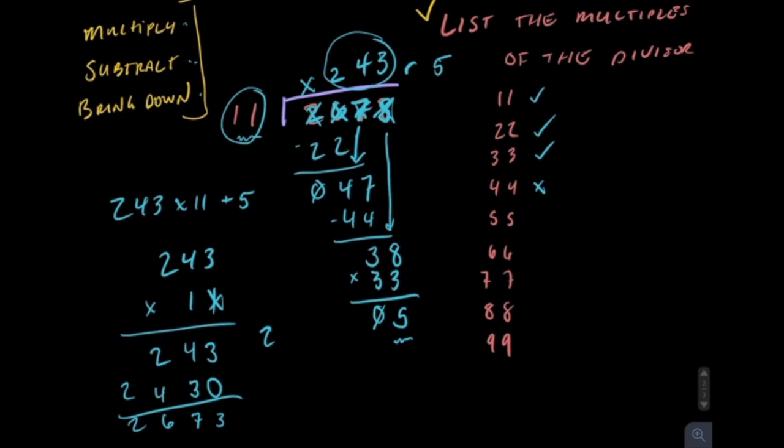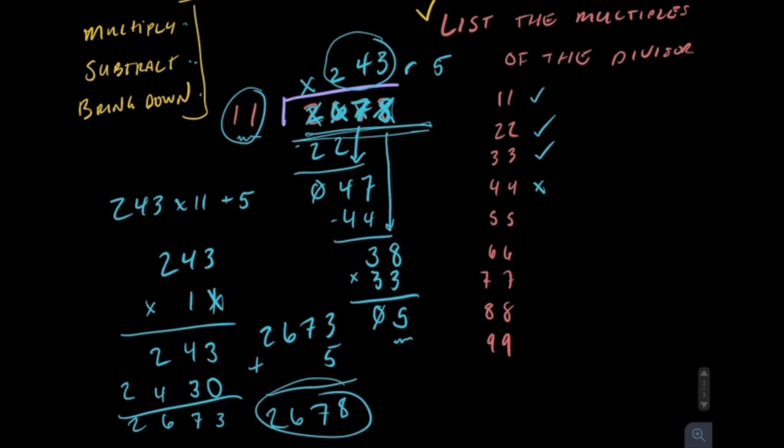And then they take 2,673 plus our remainder of 5, and voila, 5 plus 3 is 8, 7, 6, 2, and 2678, right up there. Hopefully this helps you guys and at least gives you all something to work off of.